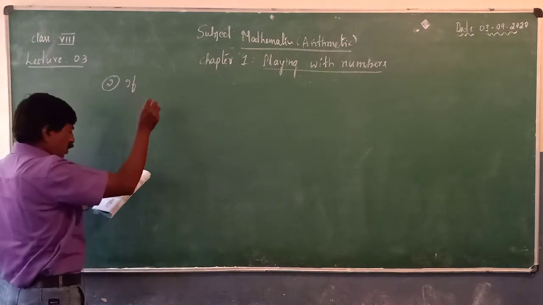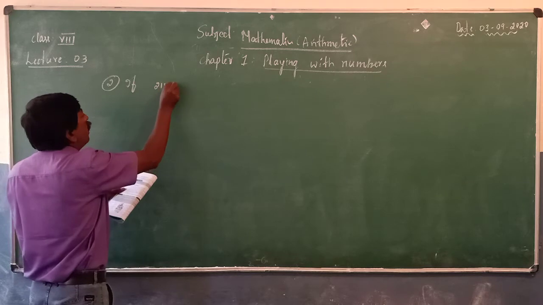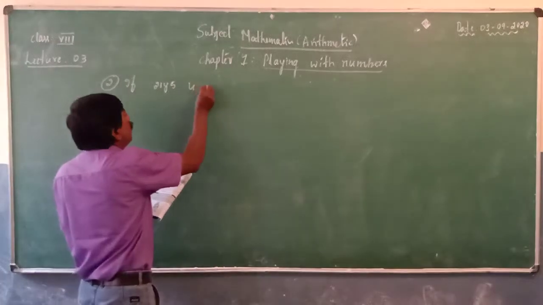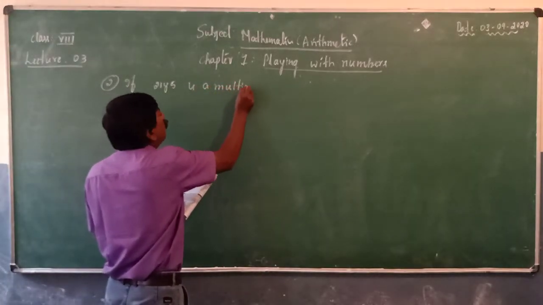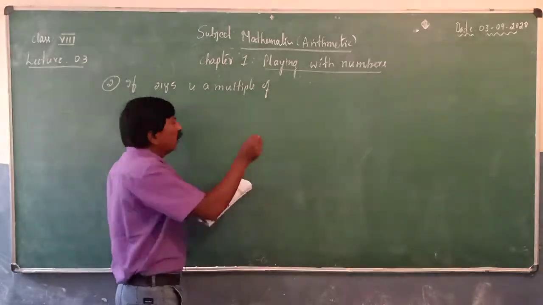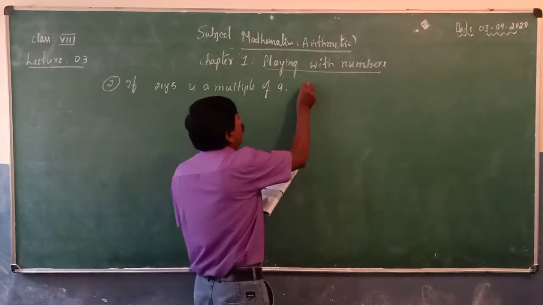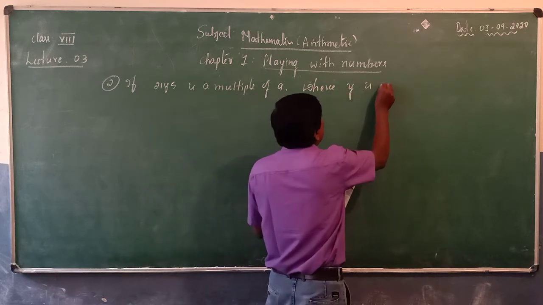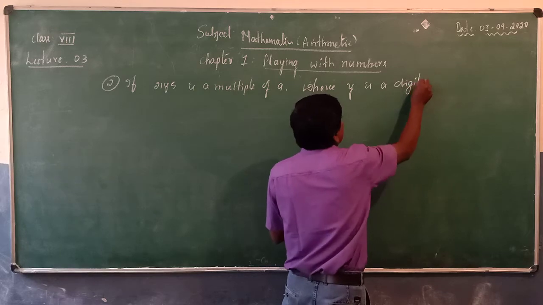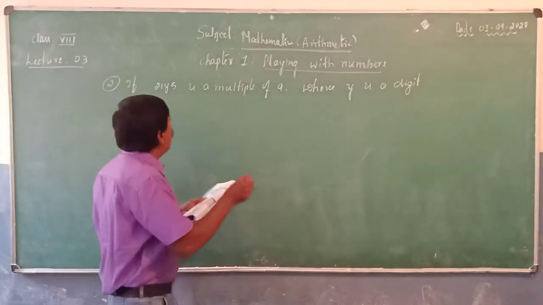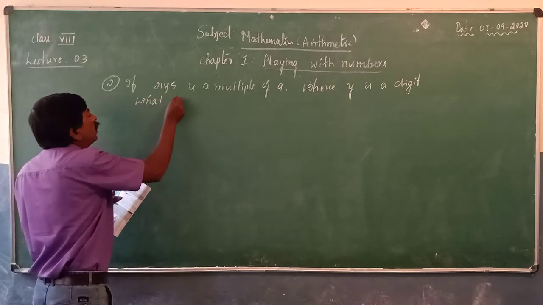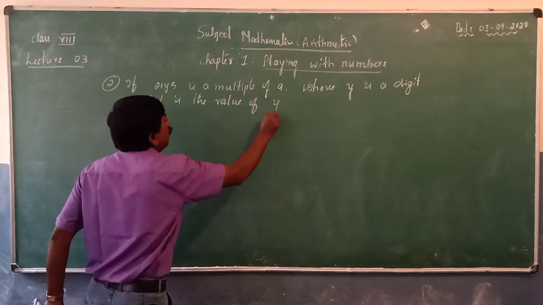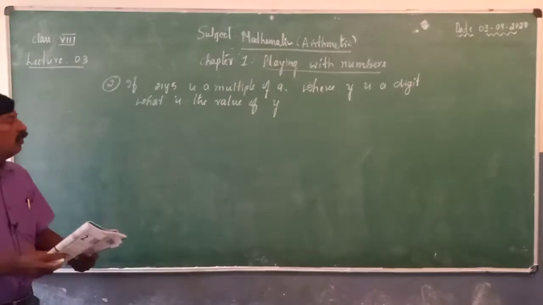If 21y5 is a multiple of 9, where y is a one digit, what is the value of y?